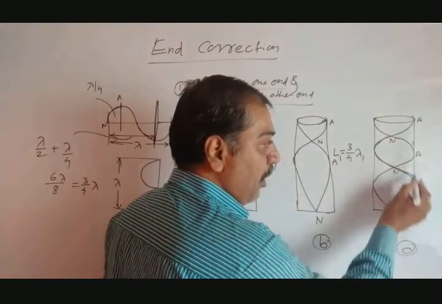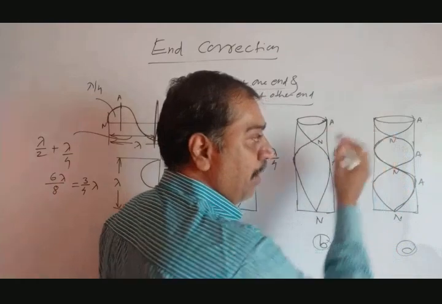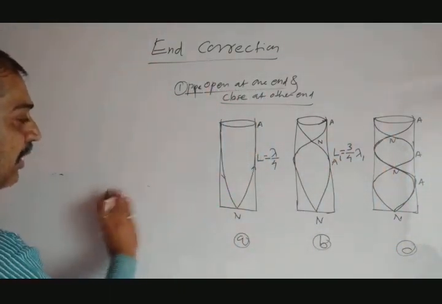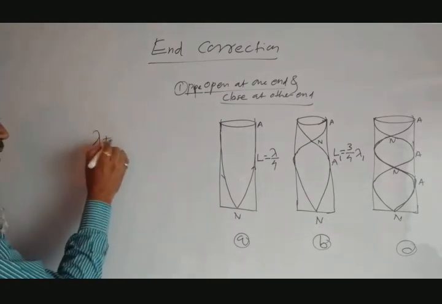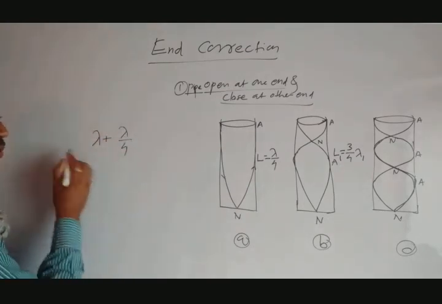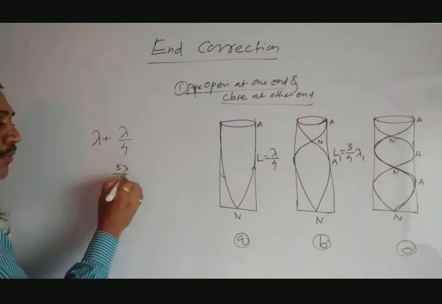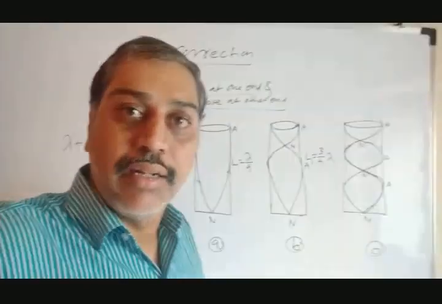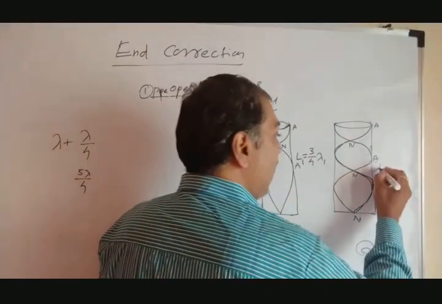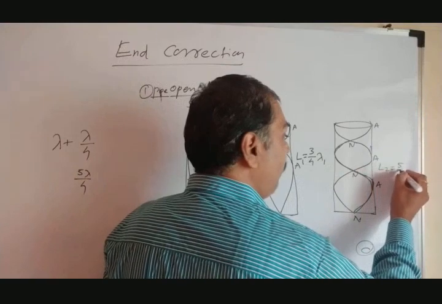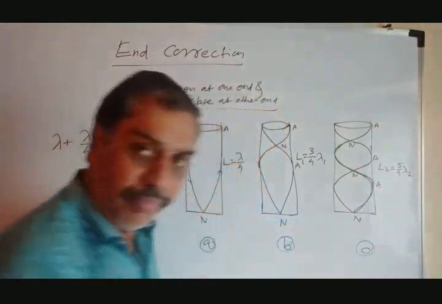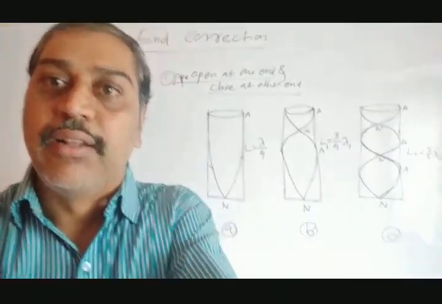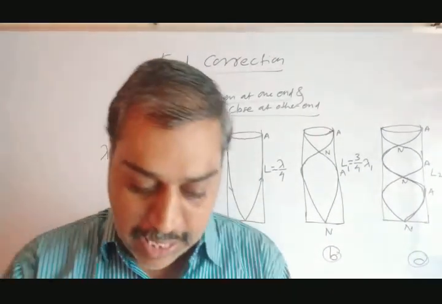So from this point to this point is lambda plus lambda by 4. So 4 plus 1, 5 lambda by 4 is the distance. And suppose that length is represented by another alphabet, it is L2 equal to 5 by 4 lambda 2. So this is the thing that from these 3 diagrams we have to consider according to the book.